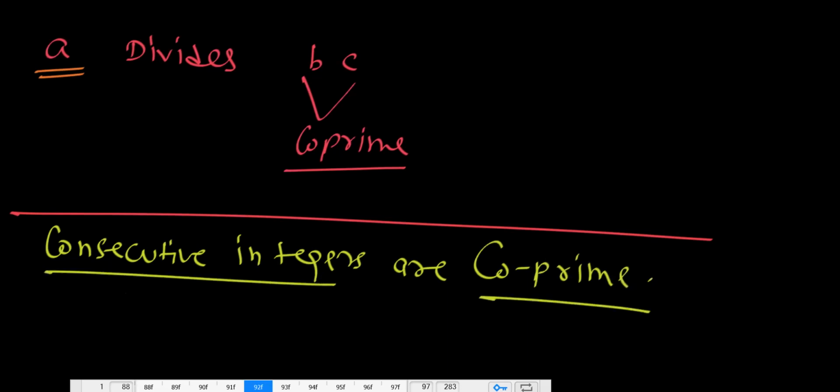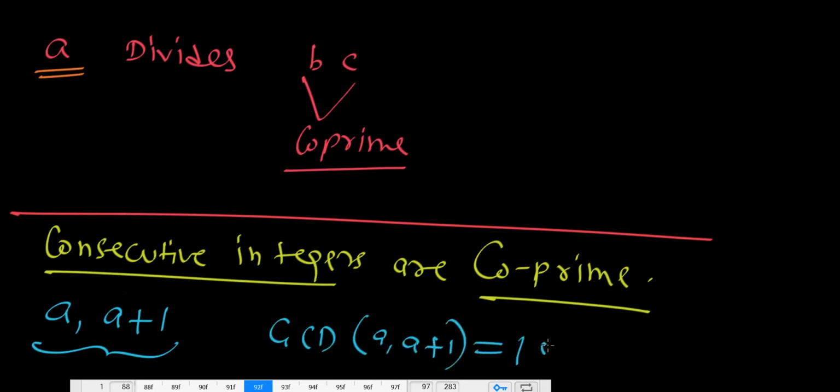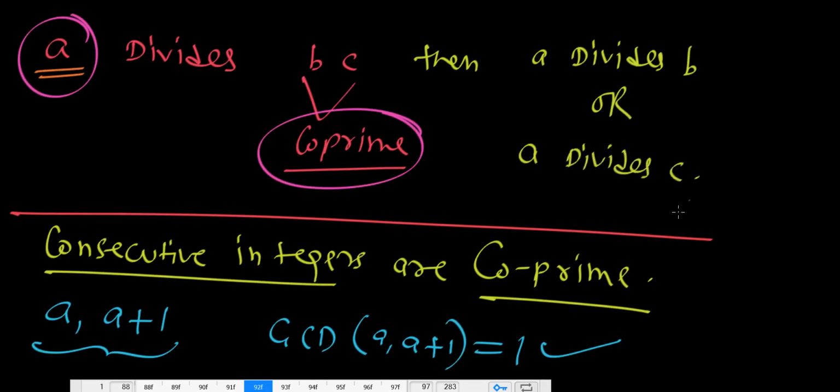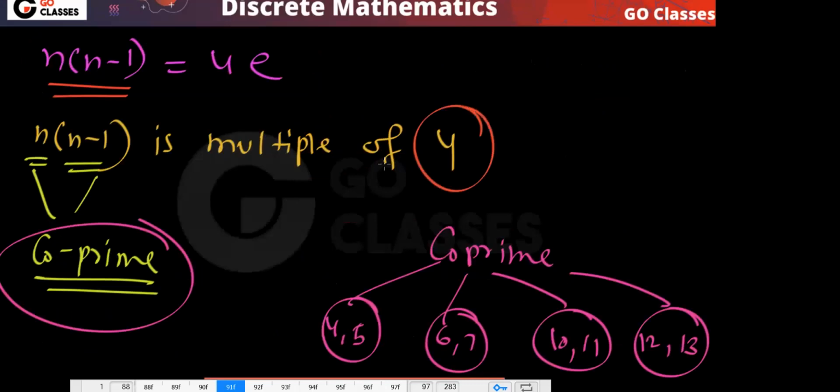They are always co-prime because their GCD is 1. If you have two consecutive numbers like a comma a plus 1, then their GCD, their greatest common factor, will be equal to 1. And this is the theorem: if A divides BC, where B and C are co-prime to each other, then A divides B or A divides C. So I can say that 4 divides n into n minus 1, and they are co-prime.